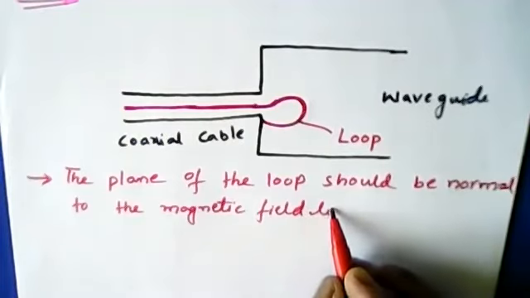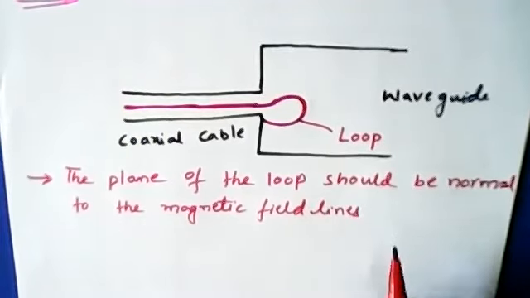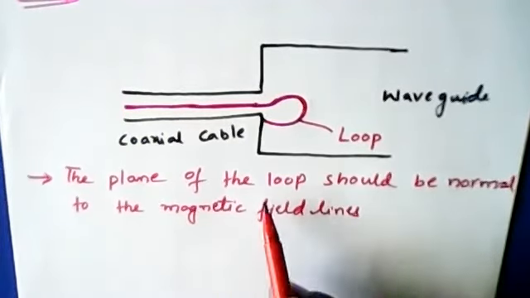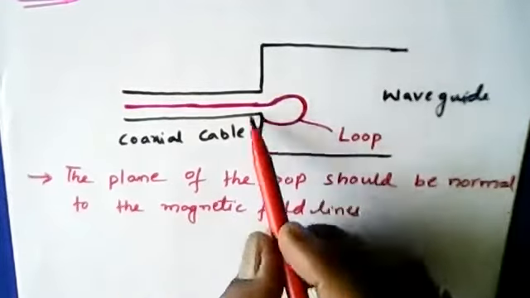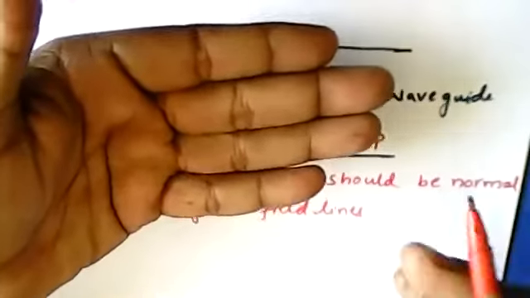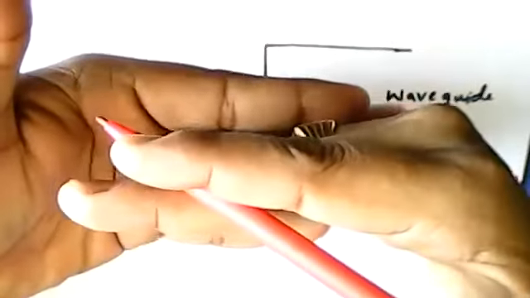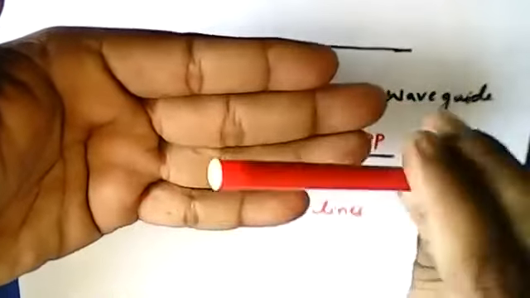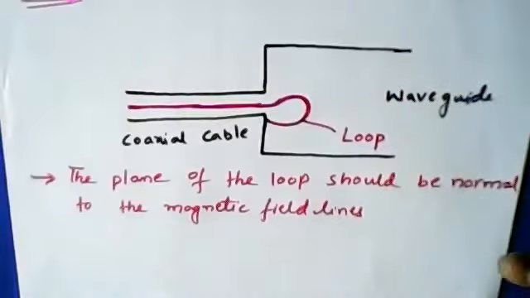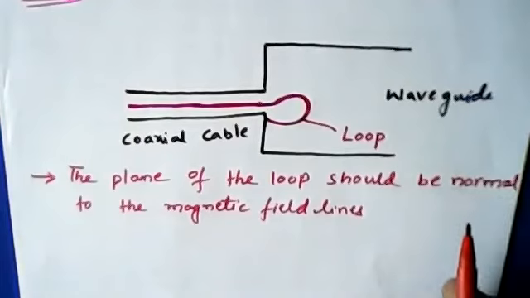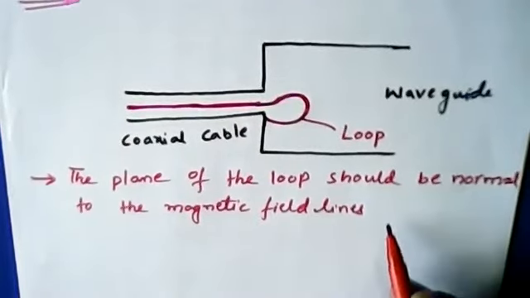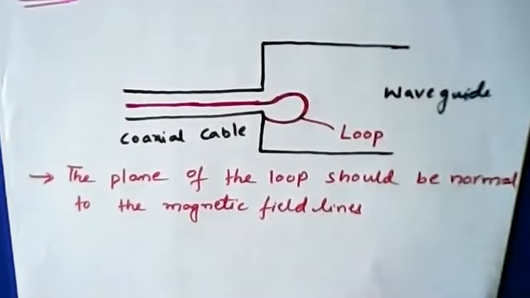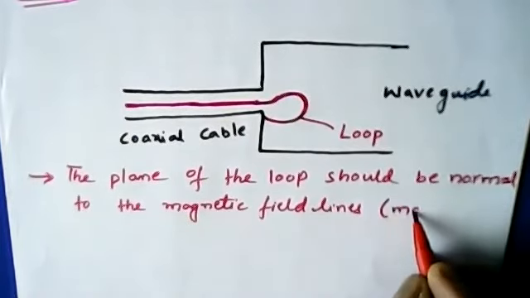So why do we prefer this plane of the loop? This is the plane we have. The plane of the loop should be perpendicular, or we can say normal, to the magnetic field lines. Why do we have to maintain this arrangement? Because of maximum coupling.